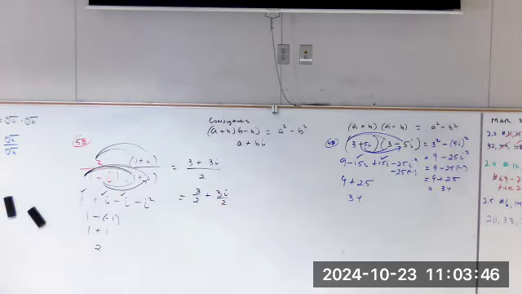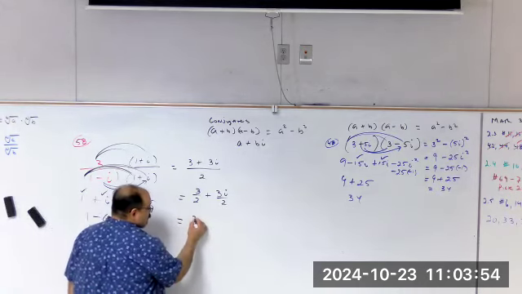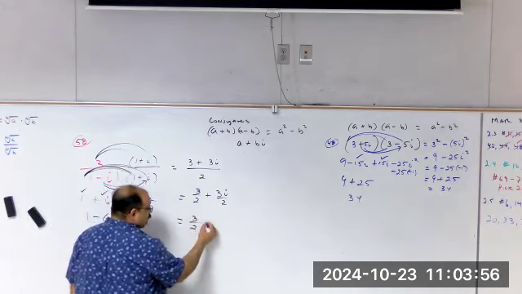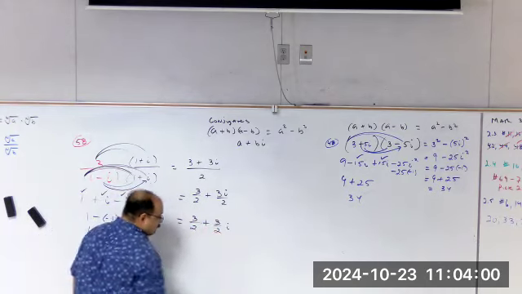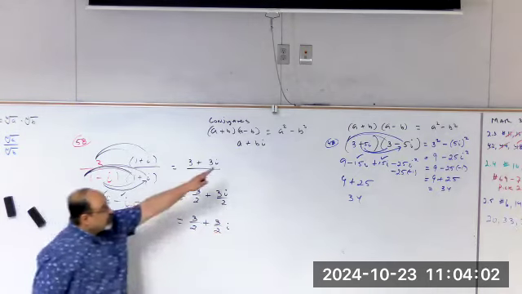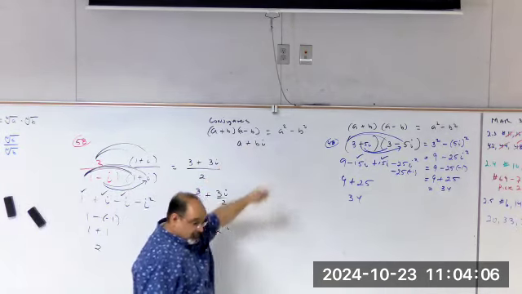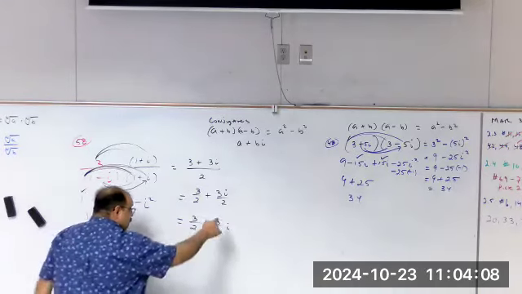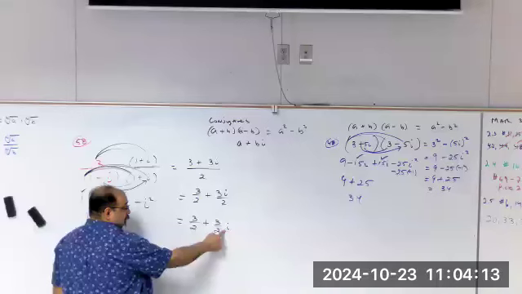Then again, I implore you, I beg of you, I hope you don't try to do what you might see in the book. They'll write it as 3 over 2 plus 3 over 2 times i, which is kind of what they want: a plus and then the coefficient times i. But I'll tell you right now, if you write it like this, you're okay.